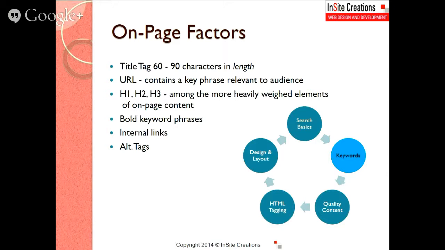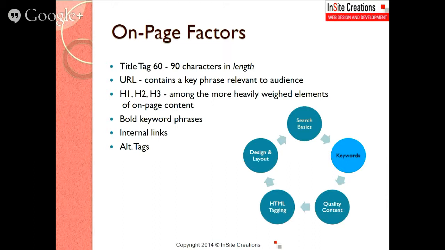Okay, so now how can you have control over improving your overall optimization for your pages? There are a number of things, and you can see this little circular graph here.